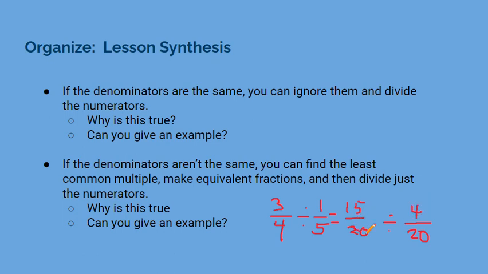So then we just have 15 divided by 4, right? 4 will go into that 15 3 times. That gives us 12. 15 minus 12 gives us 3. 3 3/4.